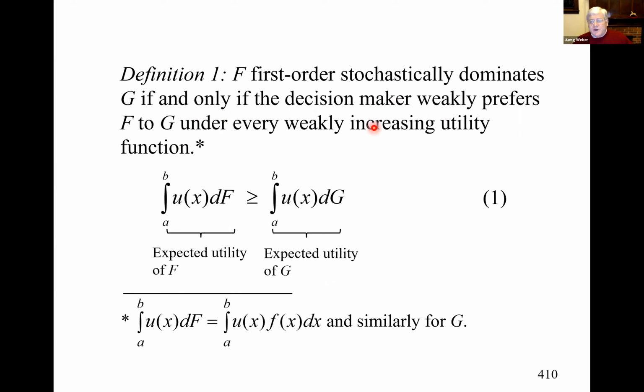The utility function is increasing, that's the assumption, but that's really the only assumption here. We are not interested in curvature. And the distribution F is preferred by the decision maker to G if the expected utility of F exceeds or is equal to the expected utility provided by the distribution G.